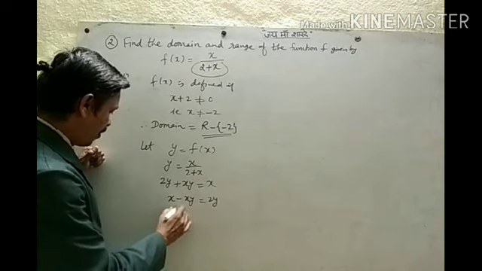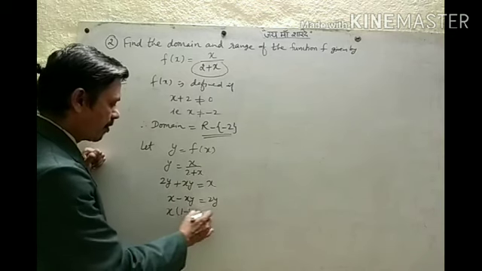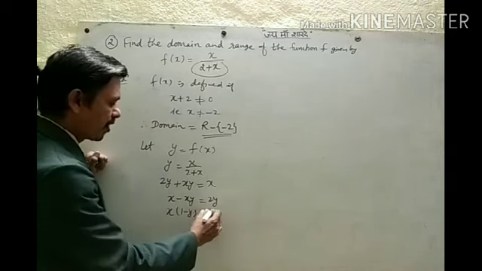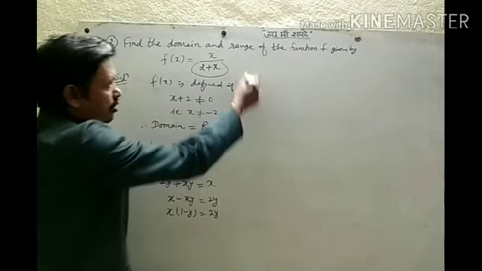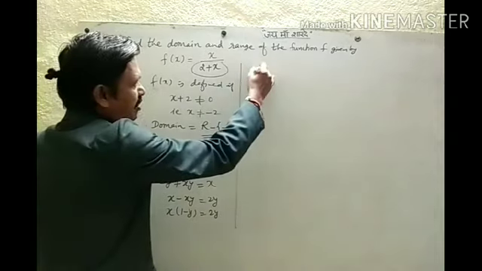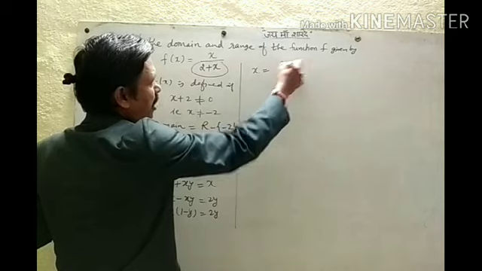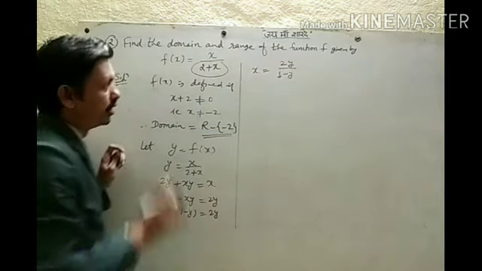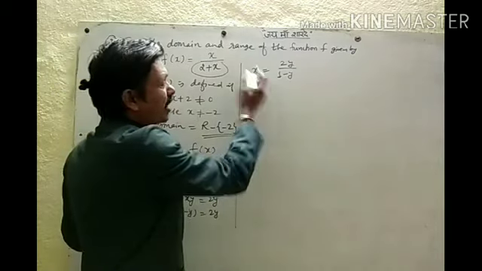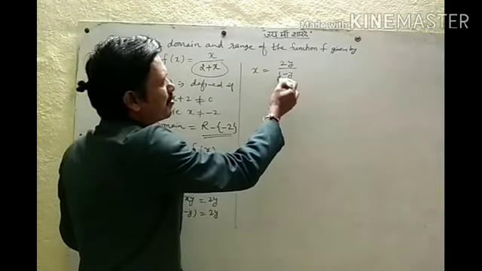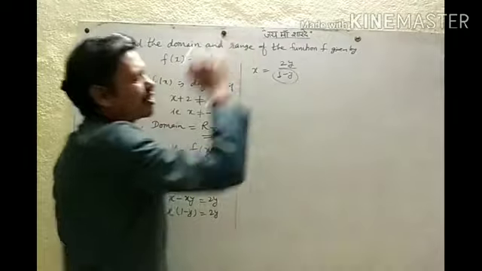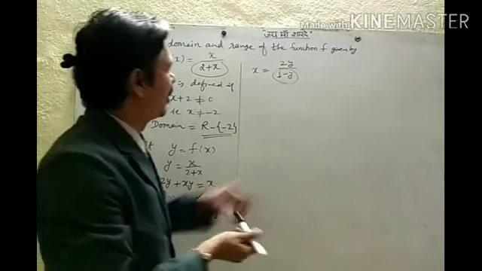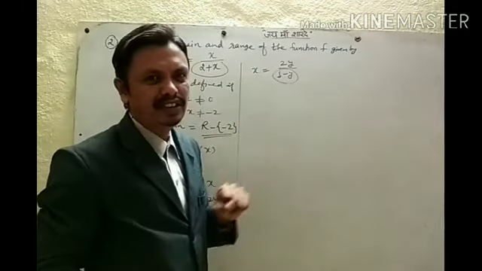Now x is common from here. Then x into (1 minus y) equal to 2y. So it will give you x equal to 2y upon (1 minus y). Okay? Now x can be real only when this is not 0. And if it becomes 0, then x is not defined.